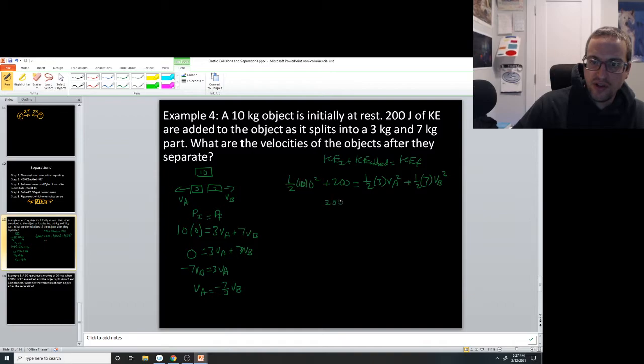This is 200 equals 3/2 VA squared plus 7/2 VB squared. We should probably just multiply everything by 2 to get rid of the fraction. So 400 equals, and I'm going to sub in 3 times negative 7/3 VB quantity squared plus 7 VB squared.